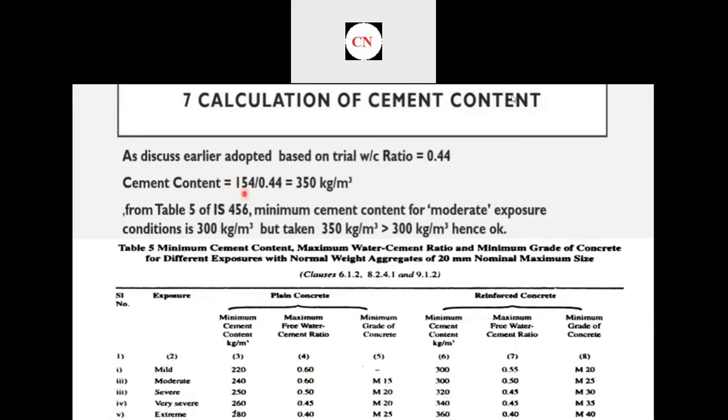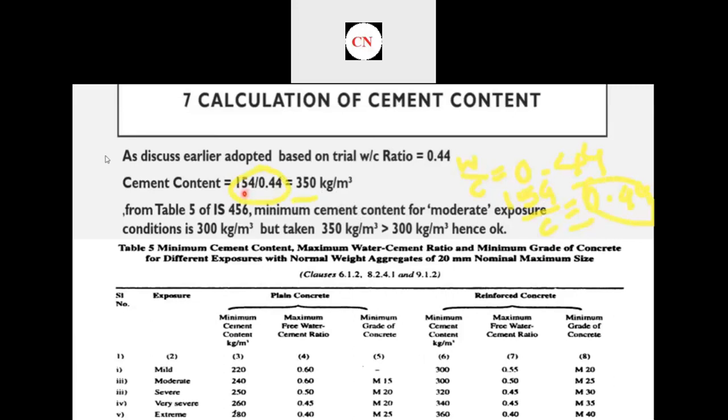Water by cement is 0.44, so 154 divided by cement is equal to 0.44. Cement is equal to 154 divided by 0.44, and the final figure is 350 kg per meter cube.